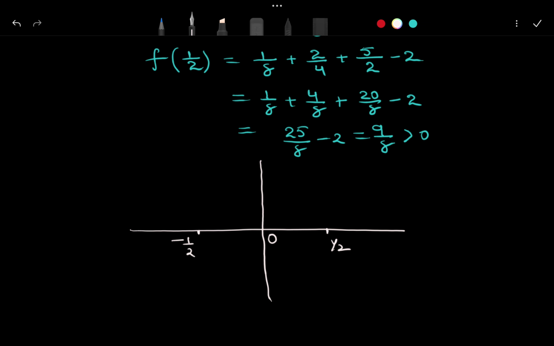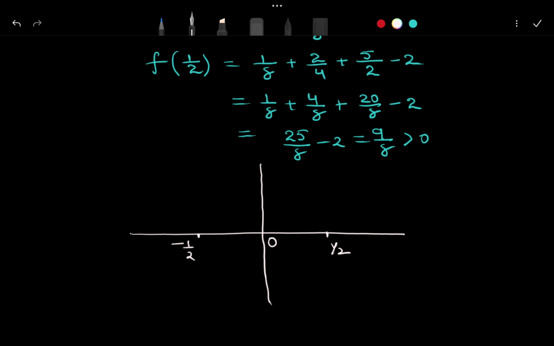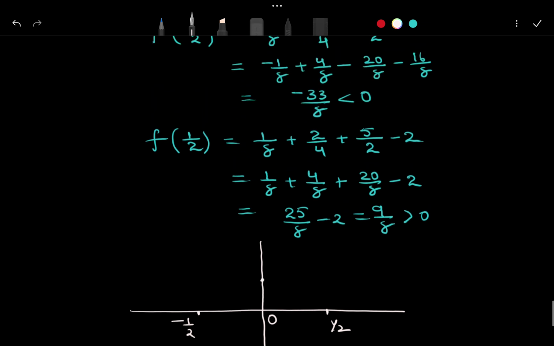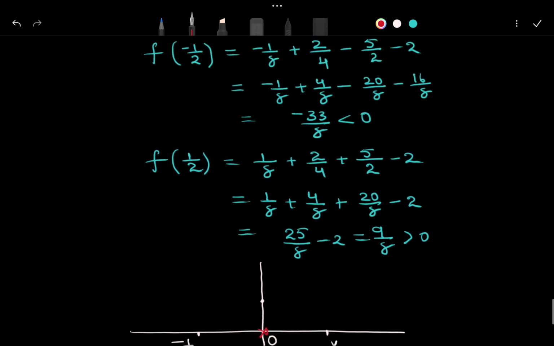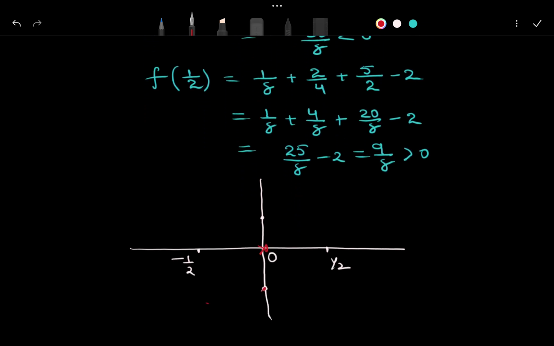In this interval, f of 1 by 2 is positive and f of minus 1 by 2 is negative. f of 0 is negative, and f of minus 1 by 2 is also negative, which means the curve will be like this.